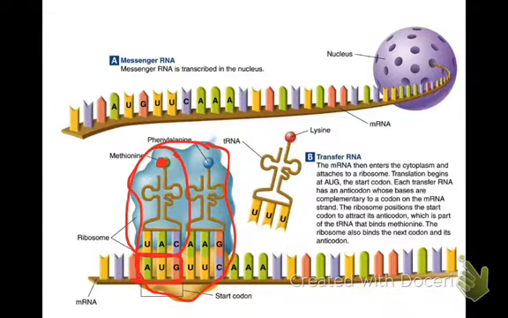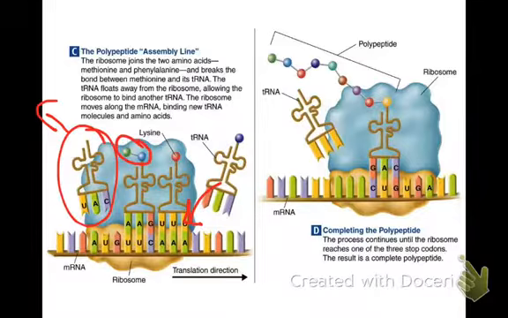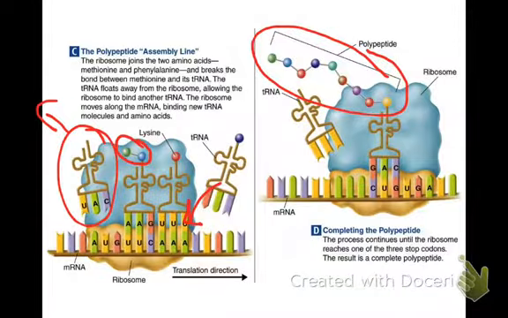As we see in our next picture, that first tRNA leaves, and the next one comes in. The amino acids chain together, and this keeps happening until you get to a stop. So here in this last picture, we have our polypeptide, or our chain of amino acids, and then we get to UGA.